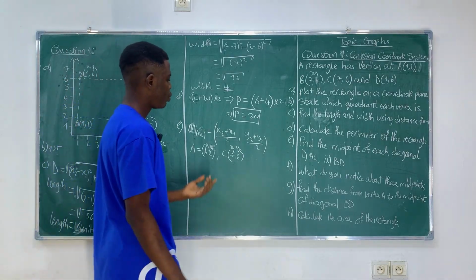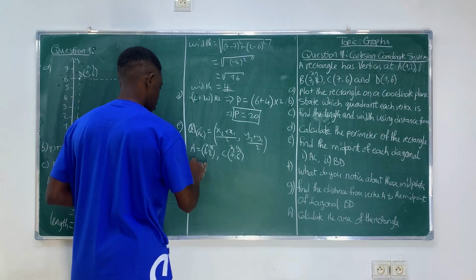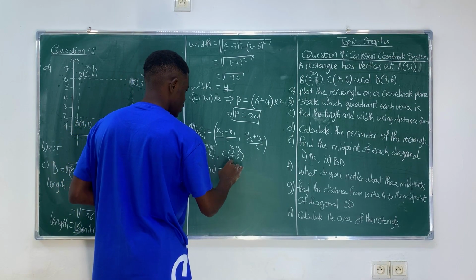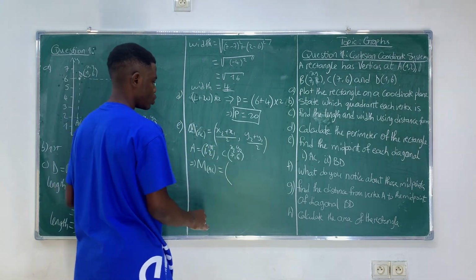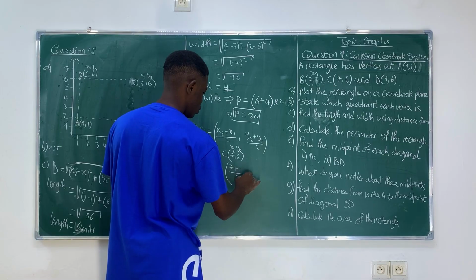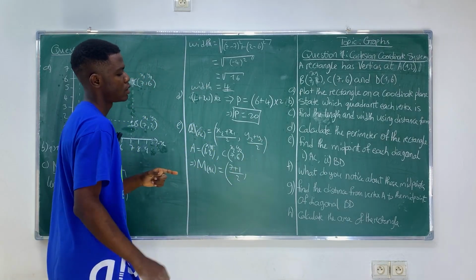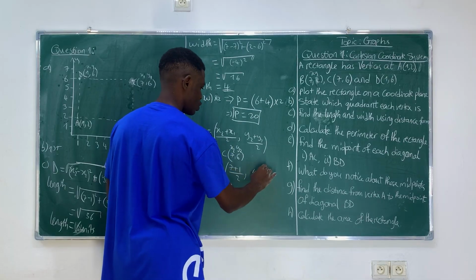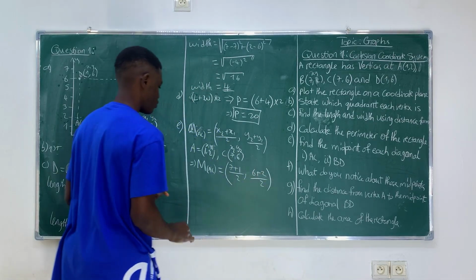To calculate the midpoint between AC, it is equal to (x2 plus x1) on 2, which is 7 plus 1 on 2, comma, y2 is 6 plus y1, which is 2, on 2.